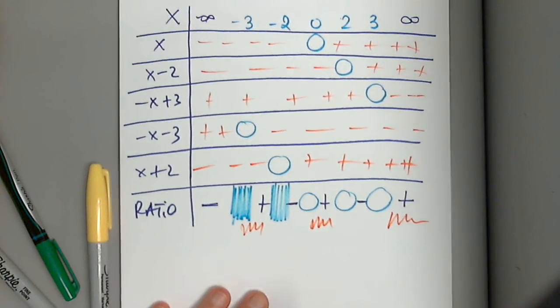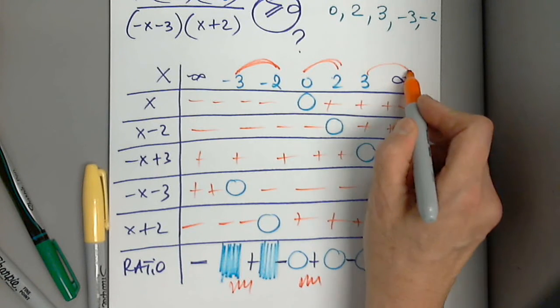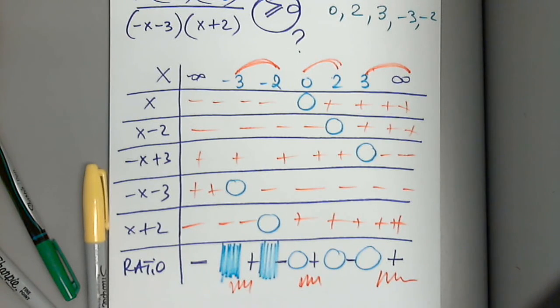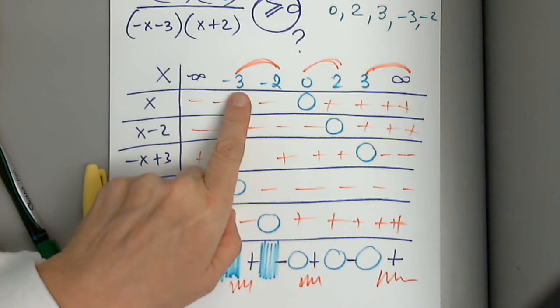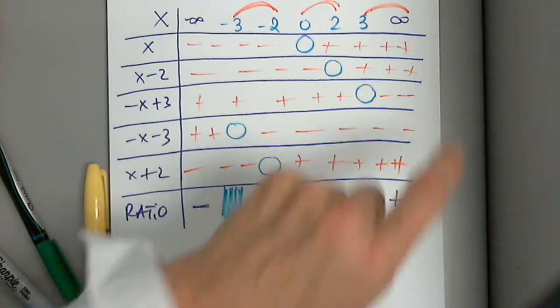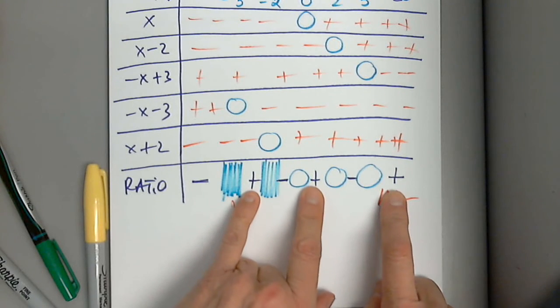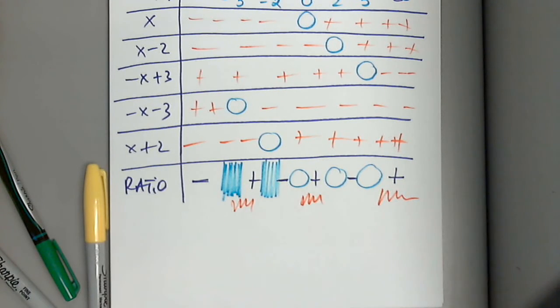I need to find x. So this is what I'm going to write, and this, and this. That's where the product is positive. If I choose x between negative 3 and negative 2, between 0 and 2, or between 3 and infinity, that's where the ratio is positive.